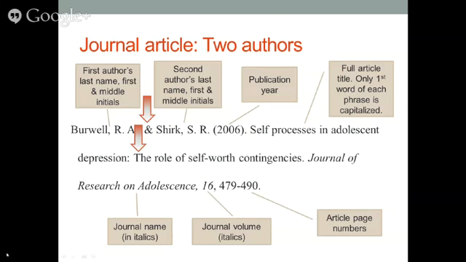So what that means is capitalize self and capitalize the T in the second part. The journal name gets formatted the exact same way. It also gets italicized, same thing with the volume number. And then we have the first and last page numbers, just as before for the single author article.